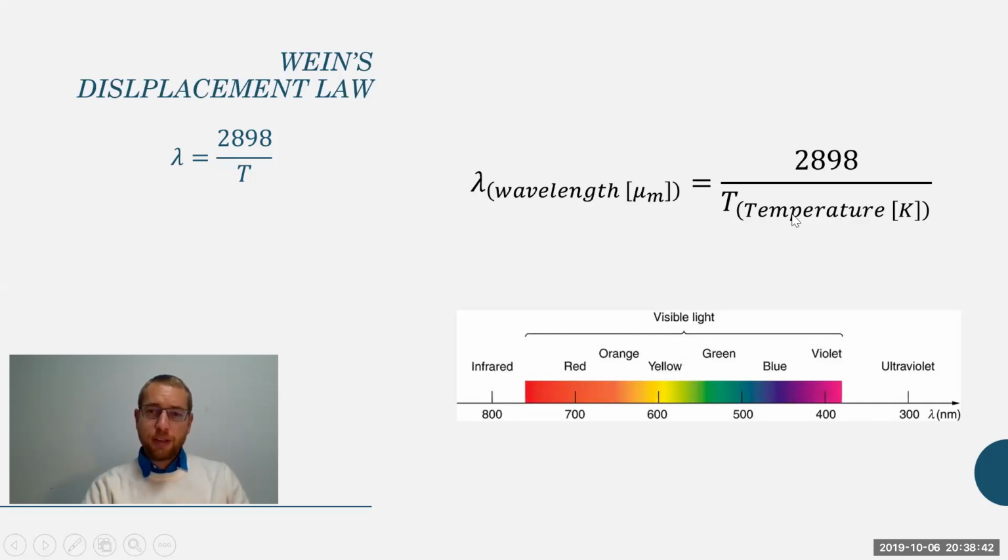Once again, if the temperature is a little bit higher, say, in the 1000 Kelvin range, then we're going to start getting into this visible spectrum. And if it goes much higher, if the wavelengths are much shorter, it will actually go beyond the visible spectrum.